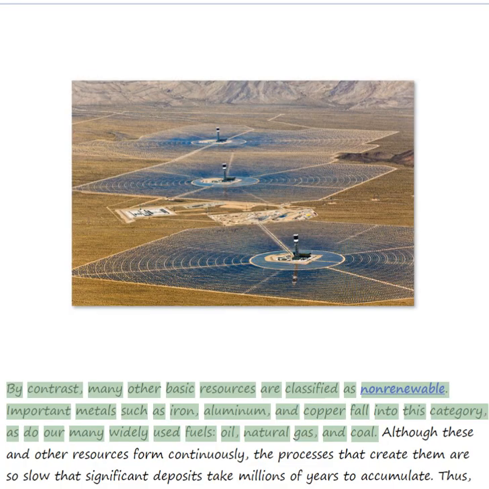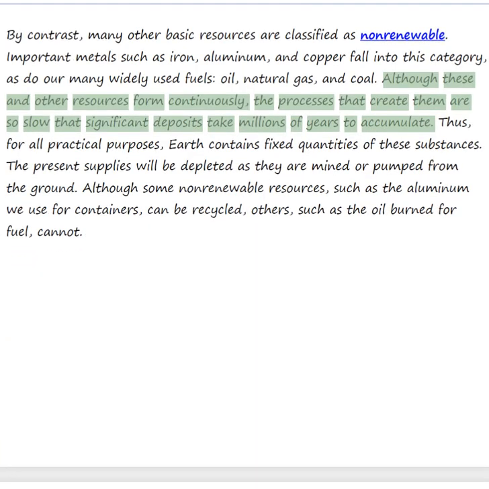By contrast, many other basic resources are classified as non-renewable. Important metals such as iron, aluminum, and copper fall into this category, as do our many widely used fuels, oil, natural gas, and coal. Although these and other resources form continuously, the processes that create them are so slow that significant deposits take millions of years to accumulate.